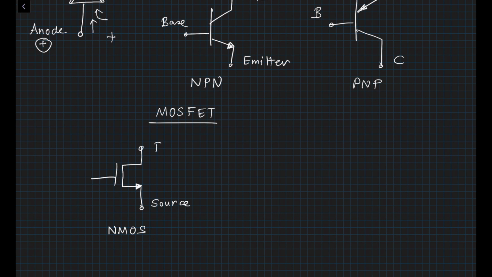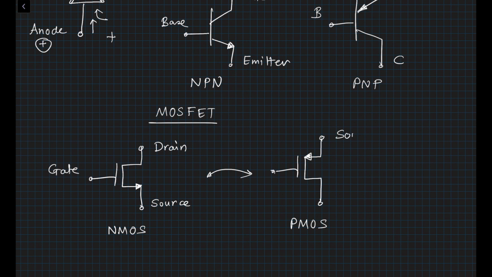The opposite terminal is called the drain terminal, and this is the control electrode, which is called the gate. Again, the NMOS transistor has a brother or a sister, which we draw like this. We call this a PMOS transistor. The arrow terminal is called the source, the opposite terminal is the drain, and this is your gate.